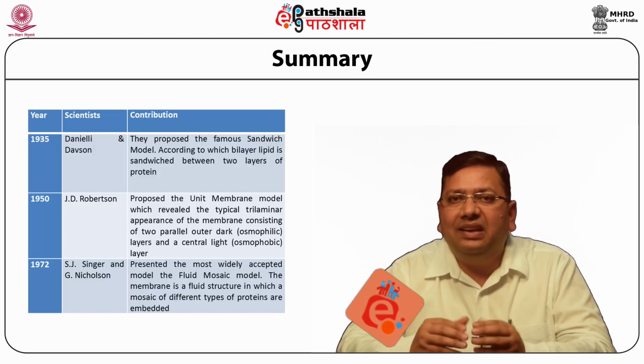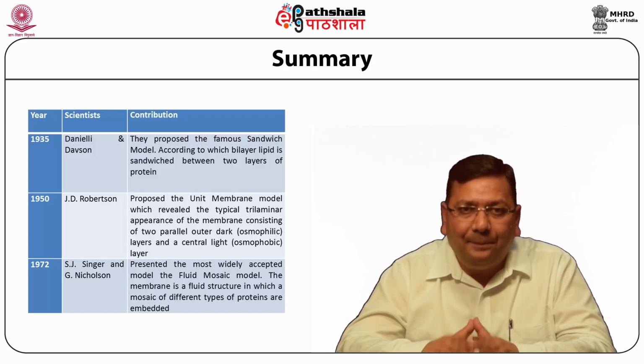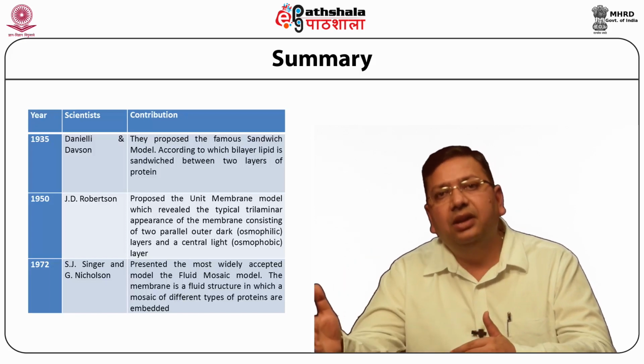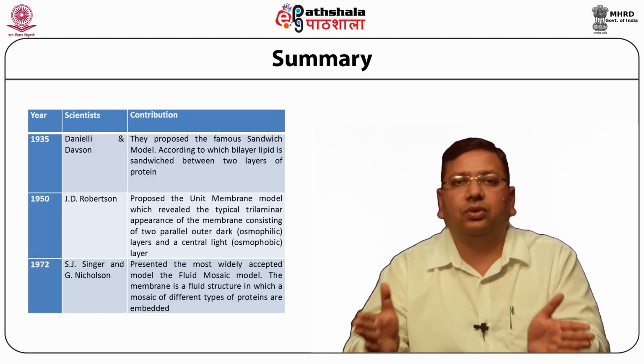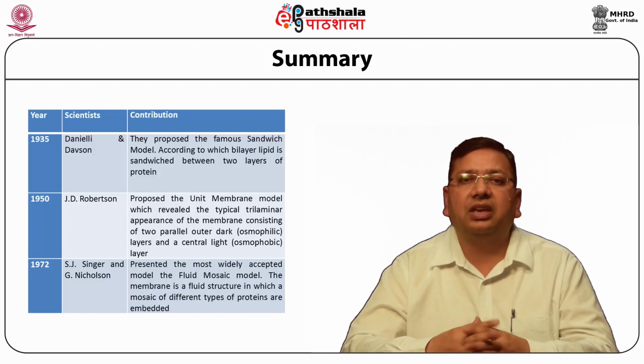The membrane is a fluid structure in which a mosaic of different proteins are embedded, and they are present outside the membrane, inside the membrane, and both sides, as a mosaic kind of thing. Thank you very much.